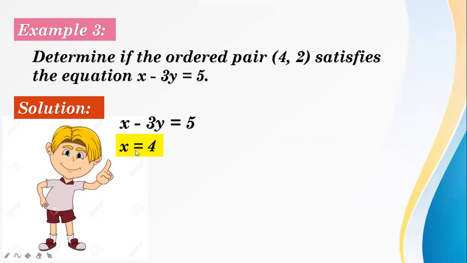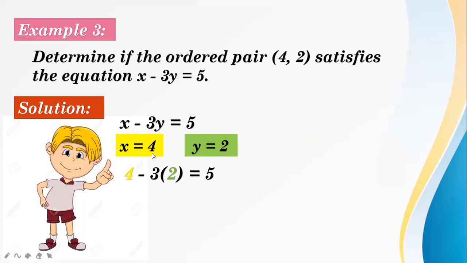Again, your x will be the first number, the first value, and the second value will be your y, which is 2. Then you substitute the values of x and y into the given equation.